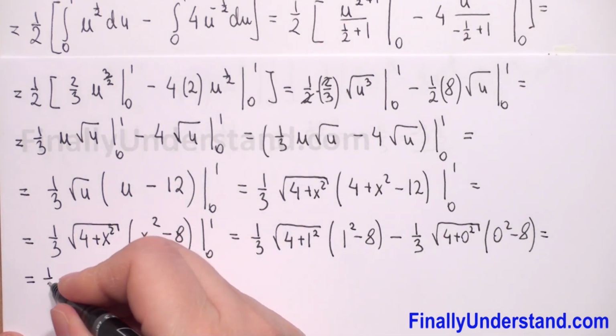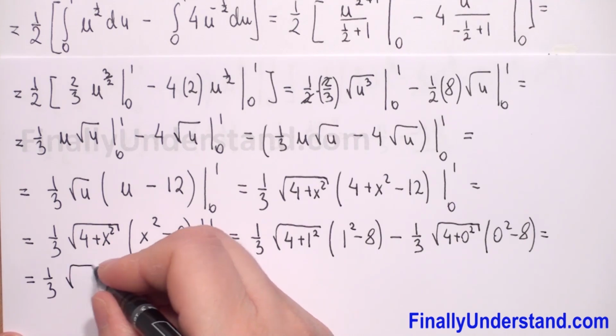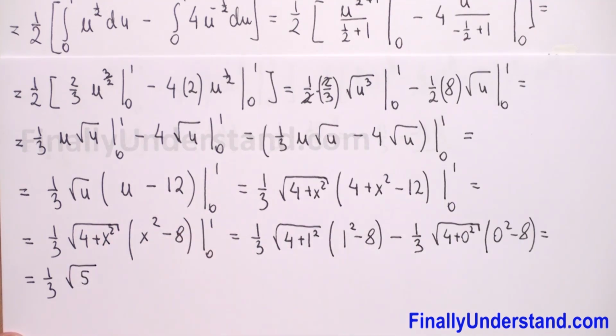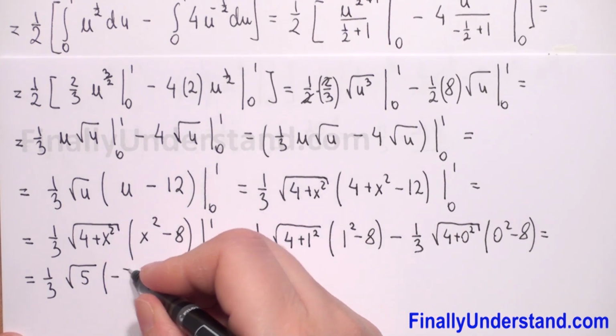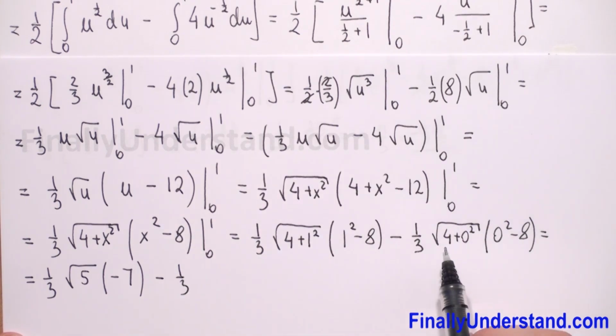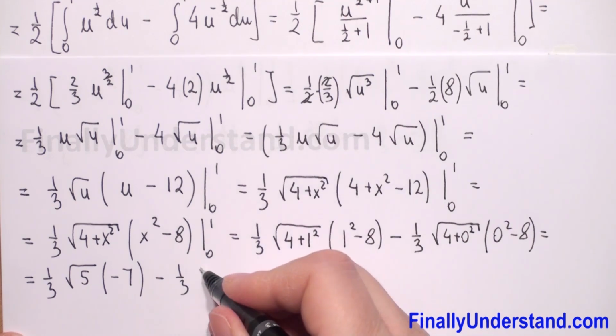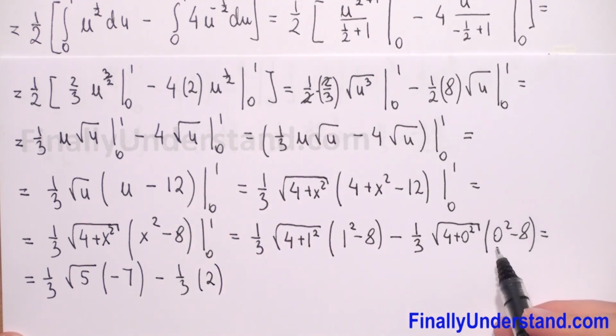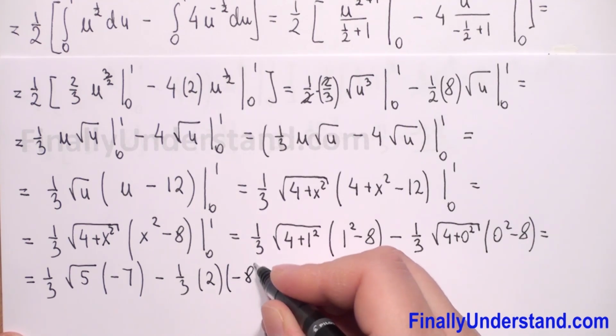We have 1/3 square root of 5, and we have 1 minus 8 is negative 7, minus 1/3, and we will have square root of 4. Square root of 4 is 2, so it will be times 2, and we will have negative 8 in parentheses.